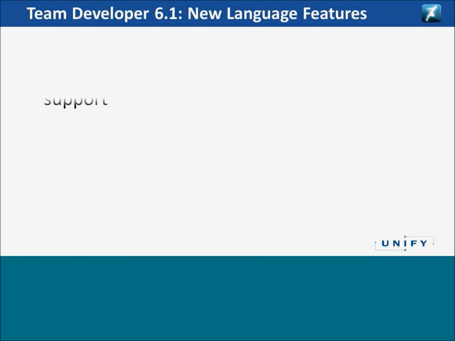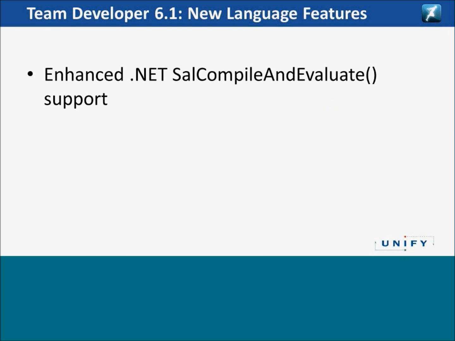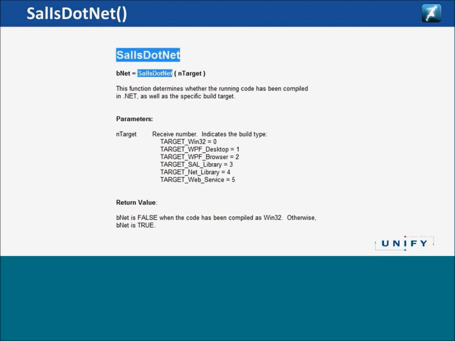There are a few new language features in TD 6.1. One is enhanced .NET SAL compile and evaluate support. Basically, you can call your own functions and methods from SAL compile and evaluate now. And we have a new API, SalIsNET. Here's the definition of that.